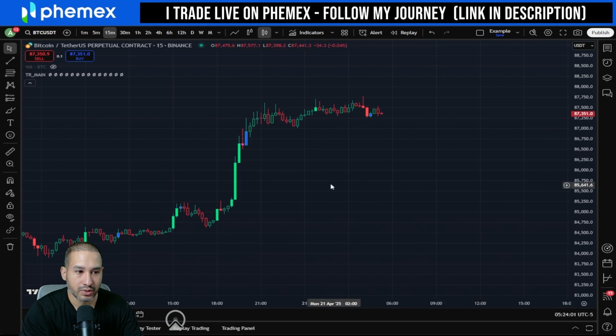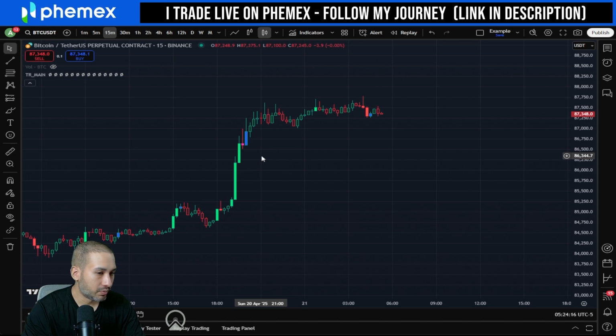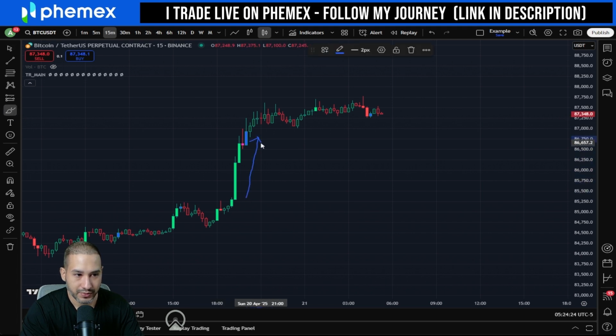So when he made this move, he took out this liquidity that gave this move more fuel to aggressively occur, and then retail might have jumped in. So when we see these aggressive moves by a market maker, what happens is he pushes price up, and then you see the rest of these candles have normal volume.